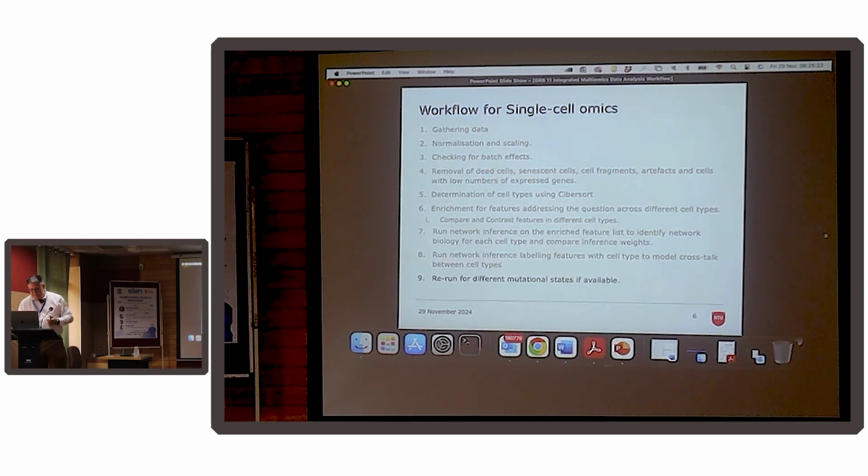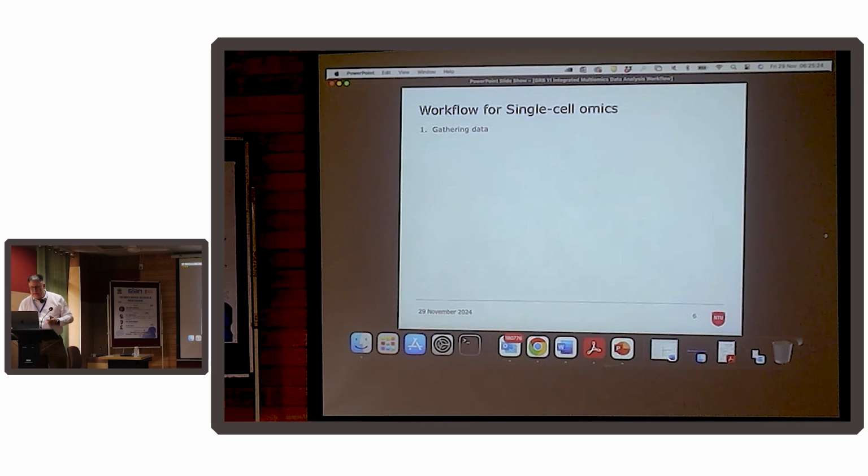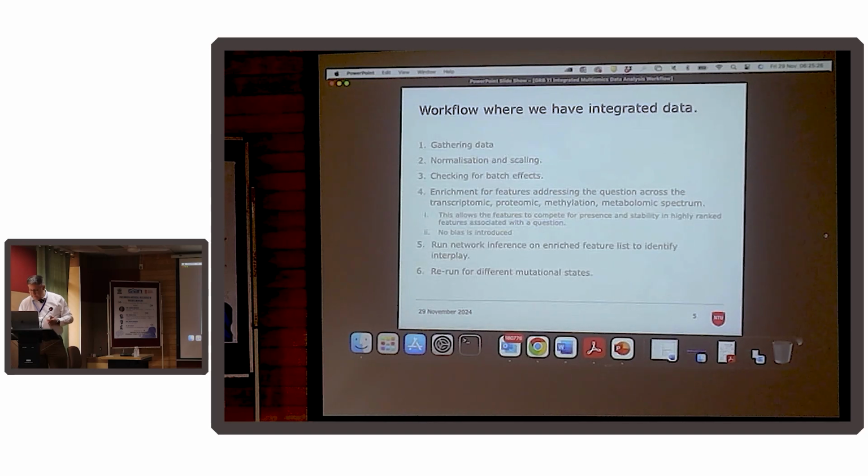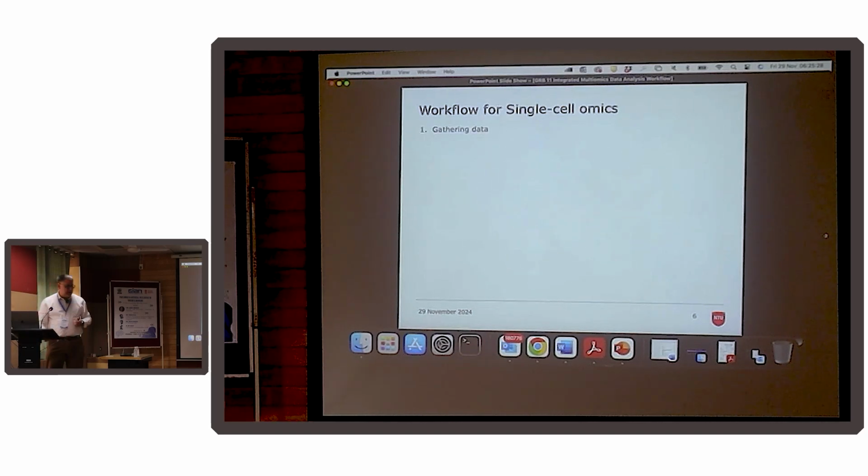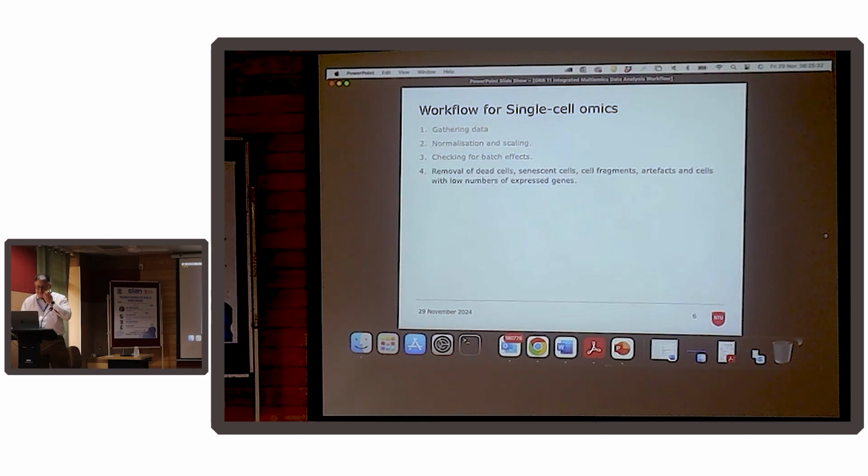What workflow do we create for single cell data? Well, we gather the data, normalized scaling, batch effects. In single cell data, we have to remove dead cells, senescent cells, cell fragments, artifacts, and cells with low numbers of expressed genes. So we're kicking out the rubbish.